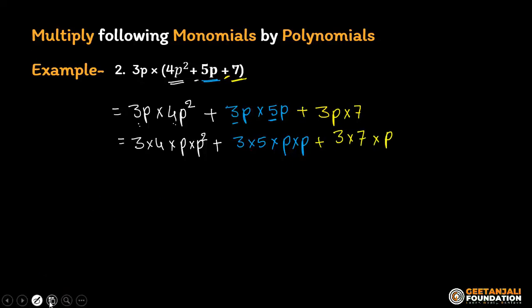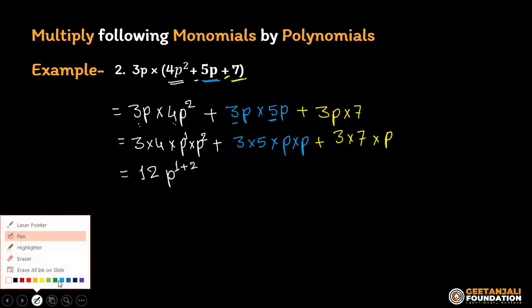So numerical factors you multiply separately and algebraic factors you multiply separately. So 3 4s are 12, and p times p square, it means we will apply law of multiplication. P raised to 1, we consider this 1, plus 2, this is 2.